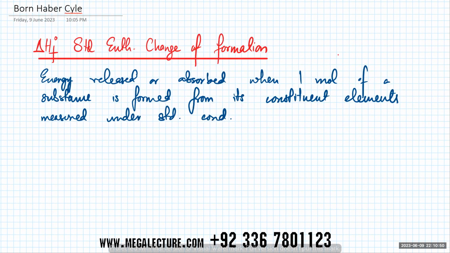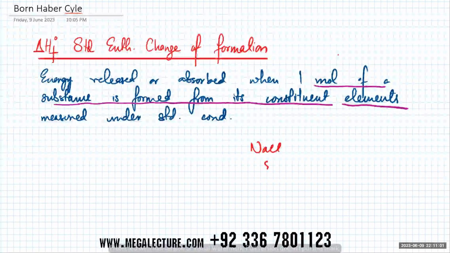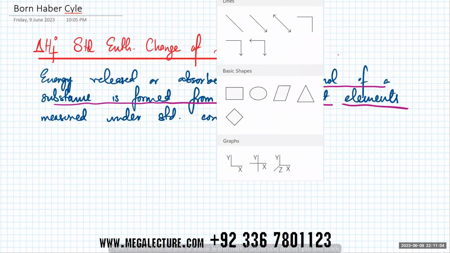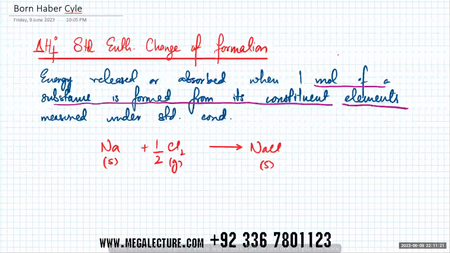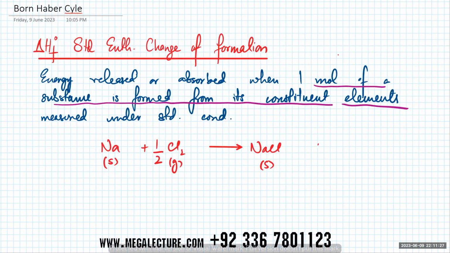The main thing is 1 mole of a substance getting formed from its constituent elements. So if you have NaCl solid, 1 mole getting formed from its elements, the elements are Na and Cl2. Na is going to be solid and Cl2 is going to be a gas, and there's going to be half Cl2 because it always has to be 1 mole of a substance that's getting formed. So that's equivalent to delta HF of NaCl.